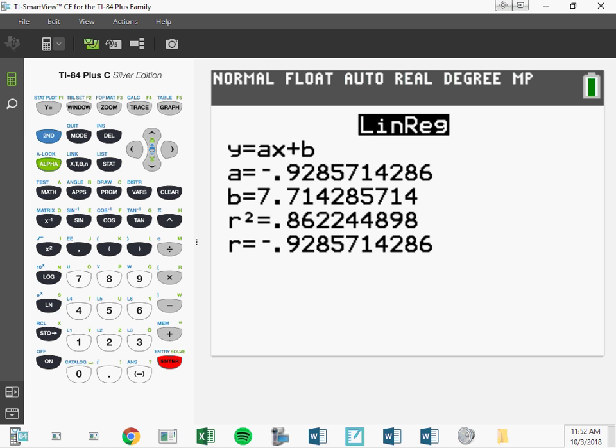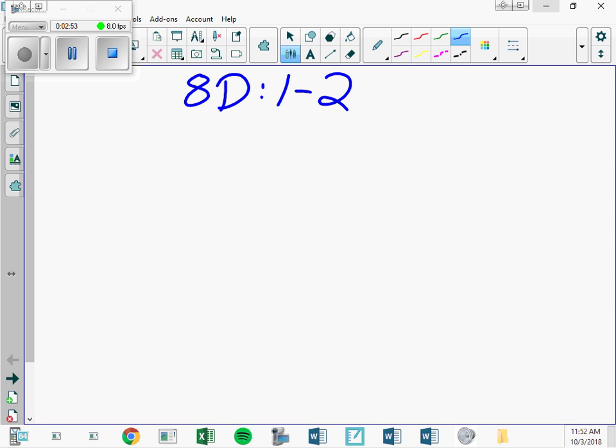Okay, I'm not going to do the other two. You guys can do that. But number 2, so go to page 127 and look at the correlation 0.95.